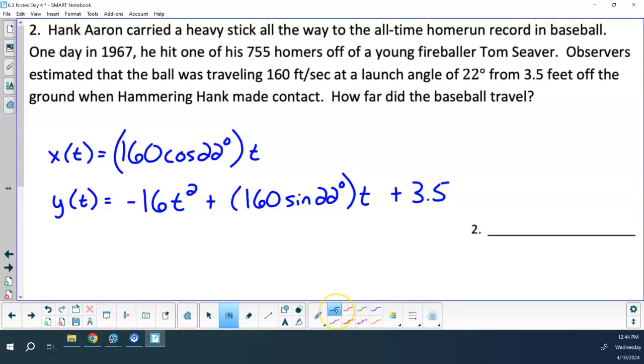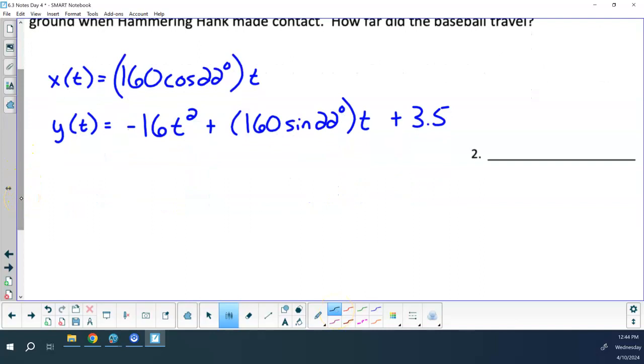Solve what? I'm going to use the y function here, and I'm going to set it equal to 0.